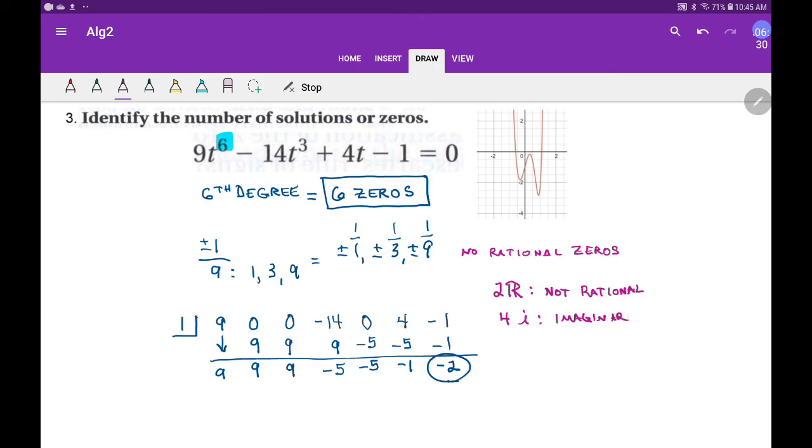And there we go. And I'll have to leave it at that because that's as far as I can go. There are no rational zeros. There are 2 real, irrational, which leaves me 4 left over that are imaginary. Okay, there we go.